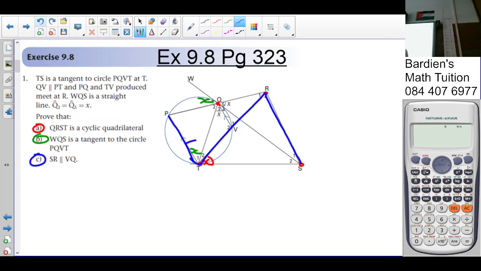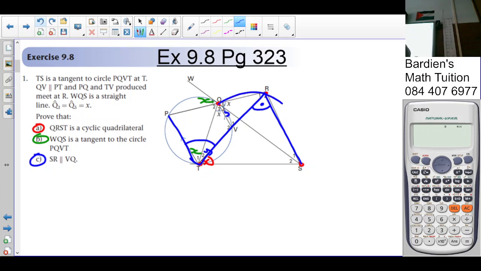So if I can prove that this alternate angle is equal to that alternate angle, then those lines have to be parallel. So I put a little y there. Which other angle is y? Q4. So if I can prove this angle is x plus y, the job is done, because that angle is already x plus y. If that's x plus y, it's alternate and has to be equal, so the lines have to be parallel.